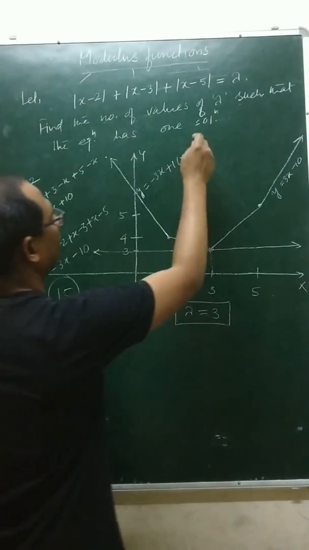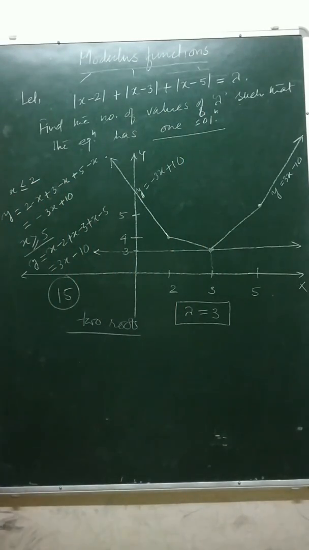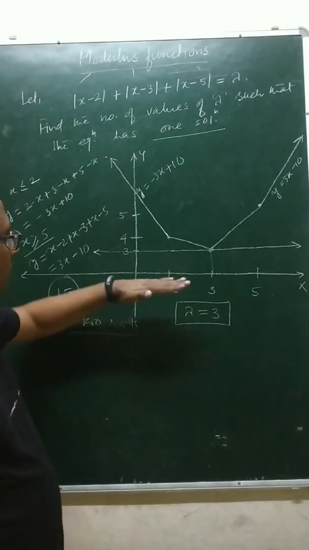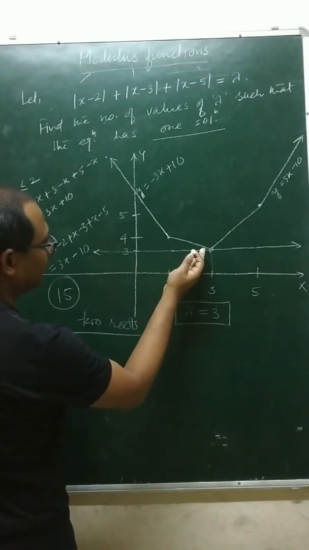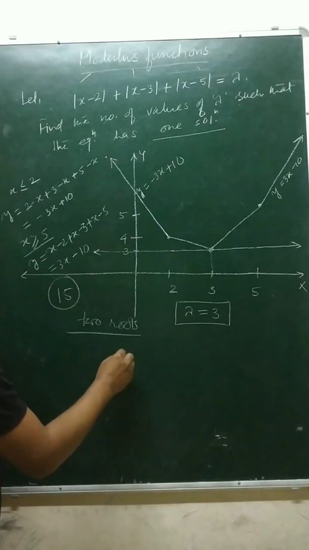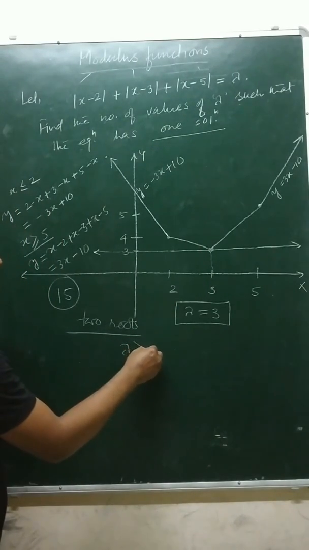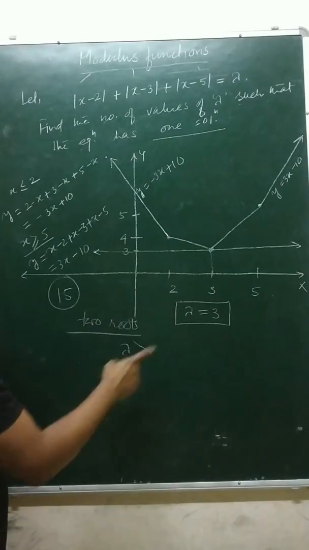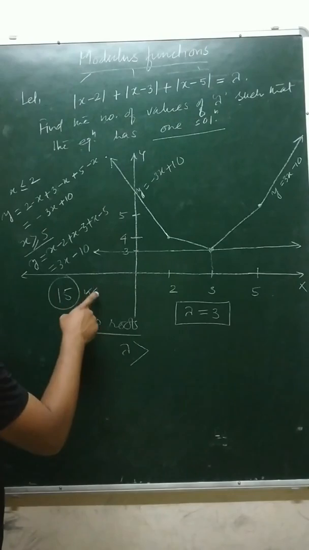Earlier we asked for one solution, now they are asking for two solutions. Now you see two solutions. Obviously, this value of lambda has to be greater than, find the integral values they have asked, no? Here in the second question.